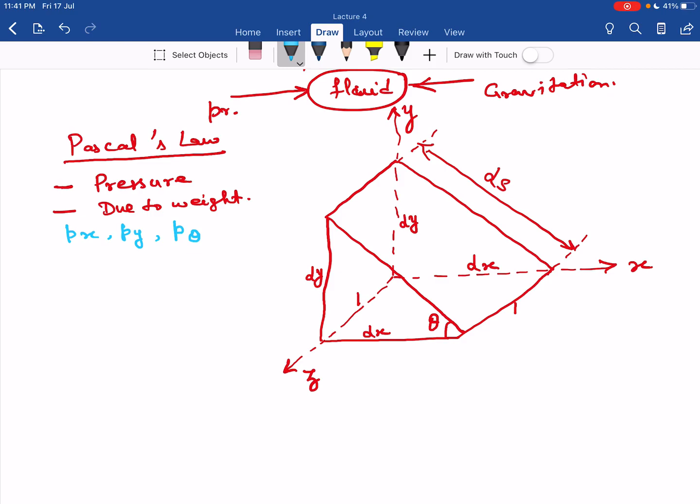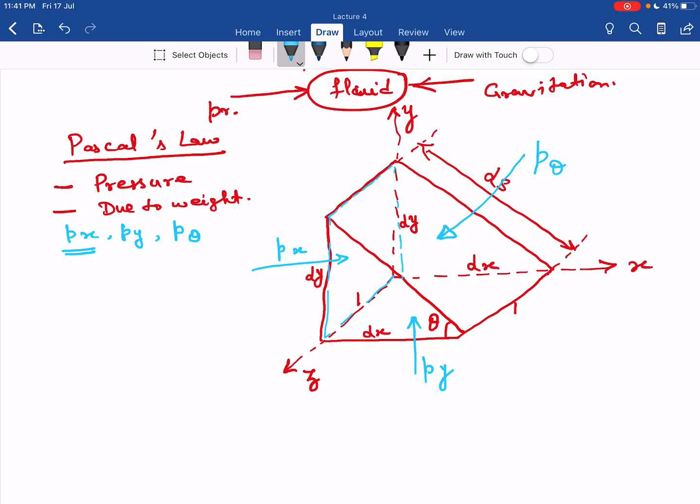Okay, so along the x-axis we talk about Px, that is along the x direction and normal to this face. So this is Px, okay, and this is Py, and normal to the third is P theta.